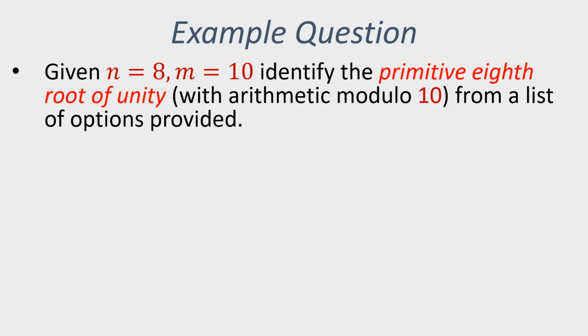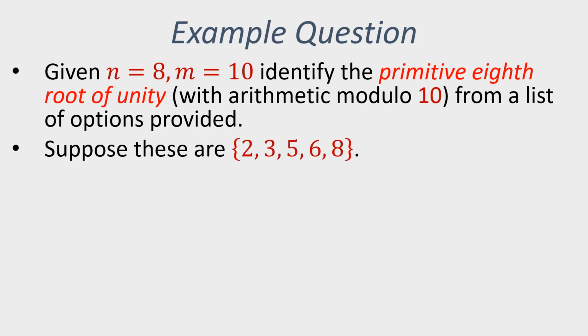So an example question you might see: you might be given a value for n, the power you're raising to. You might be given the number base you're working with. Normally that is going to be 10, decimal arithmetic. And you're asked to identify which of the options provides a primitive root of unity. So suppose your options are 2, 3, 5, 6, and 8.